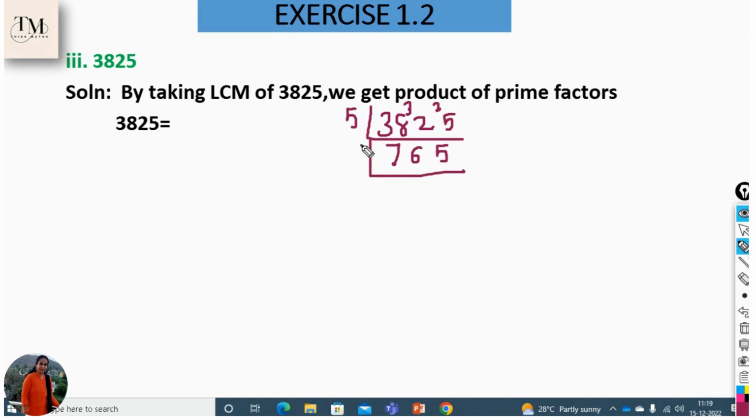Again I take 5. As it ends with 5, I take the next prime number 5. So 1 fives are 5, balance 1, 3 fives are 15, balance 1, 3 fives are 15. So 133, right? So which number? I think I made some mistake.